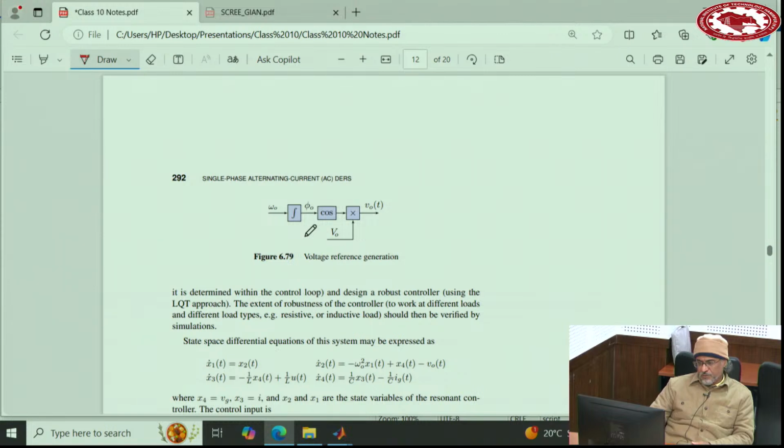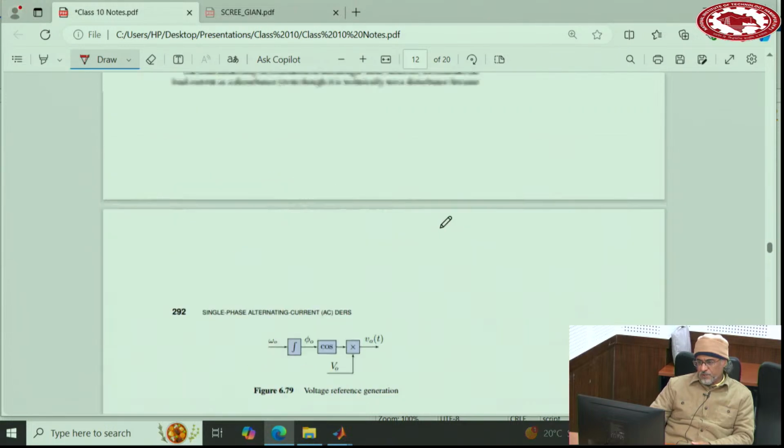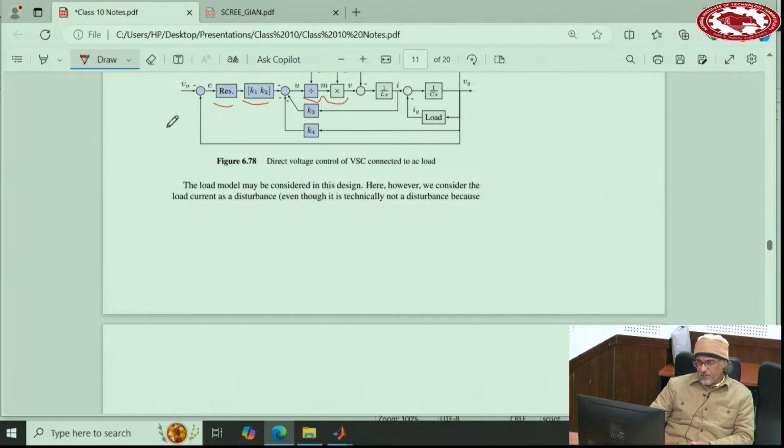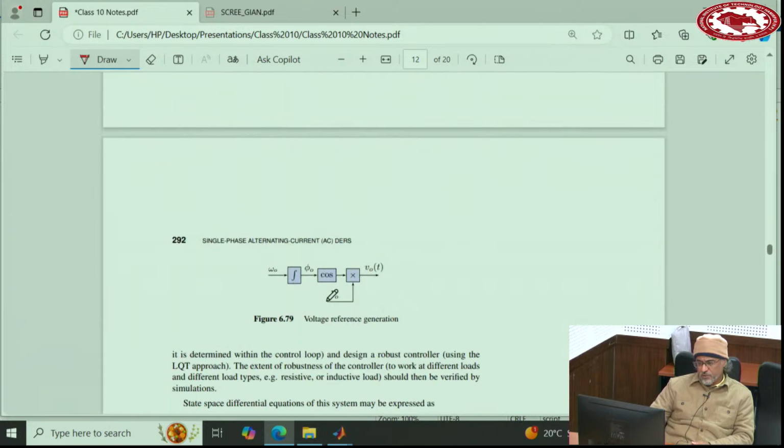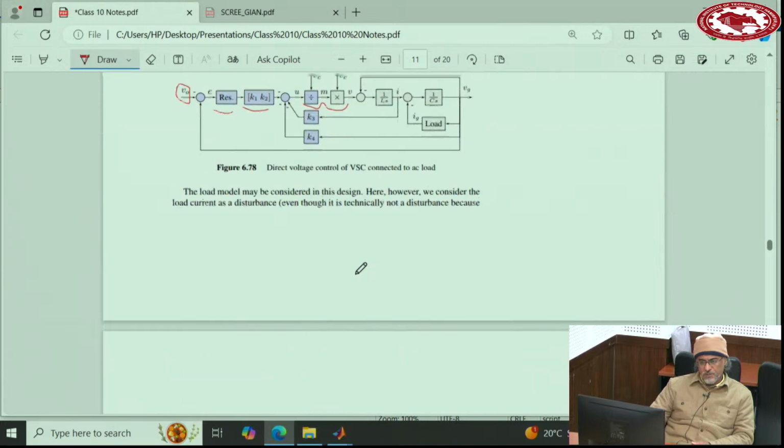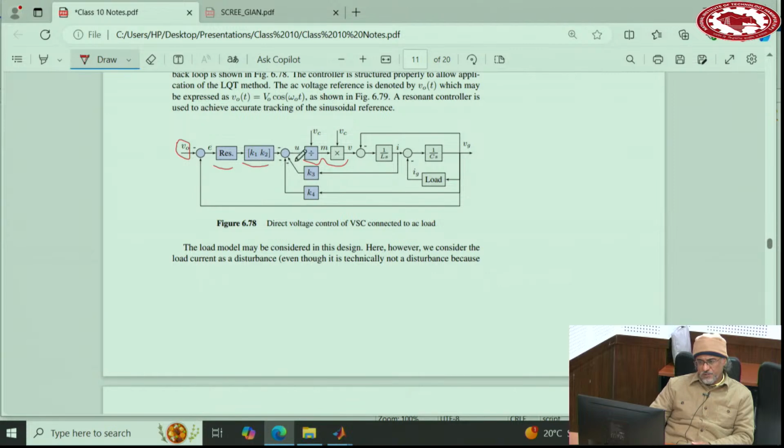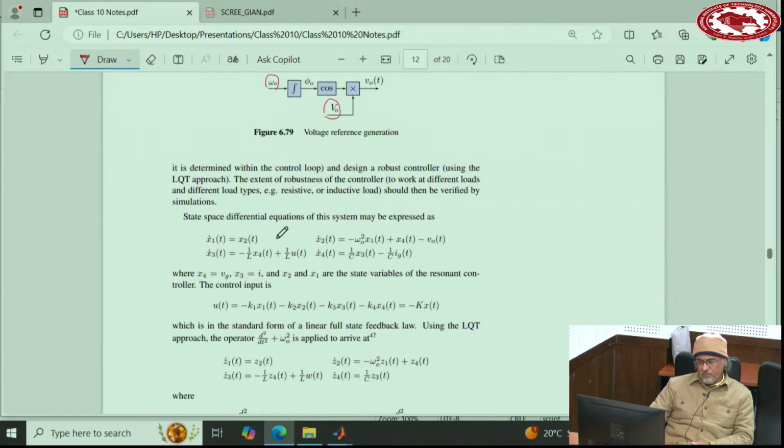So that's what we do. And then this voltage reference is the sinusoidal voltage that we want. So we want the voltage to have this magnitude and this frequency. So you integrate the frequency, that gives you the phase angle, cosine of that multiplied by the magnitude gives you the voltage. So this is clear. All these gains you find using LQR, and then you should have no problem.